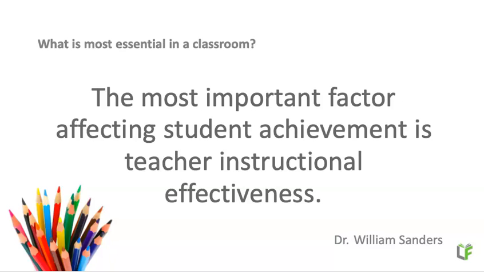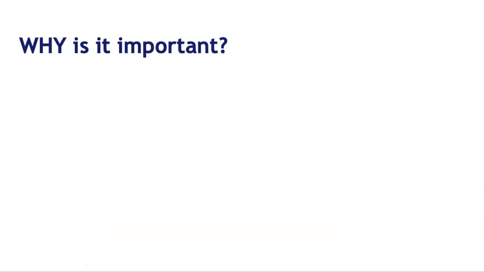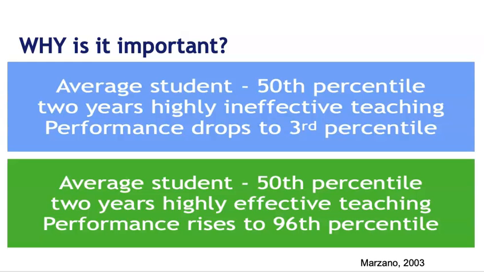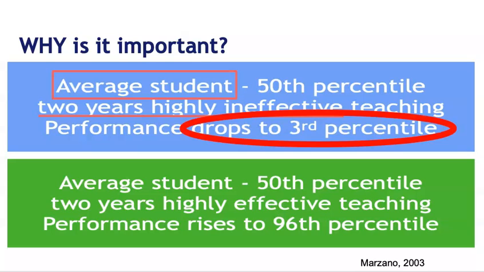So we know our job is really important, but let's think for a minute about why. Why is this job so important? Well, I want you to think about an average student, a student that's working at the 50th percentile, and we're going to give them 2 years in a row of highly ineffective teaching. That student, their performance will drop to the 3rd percentile.